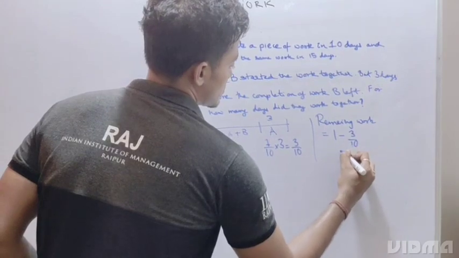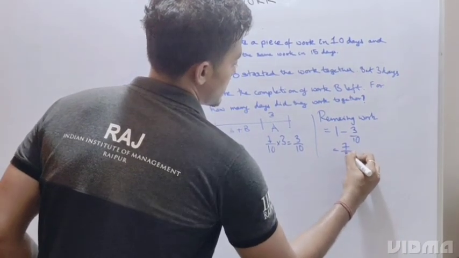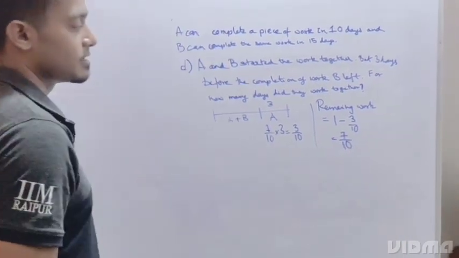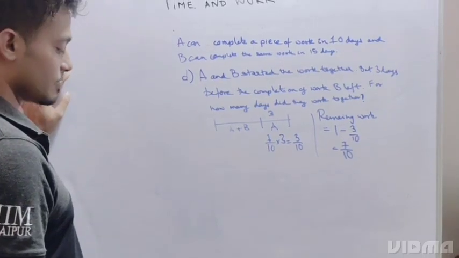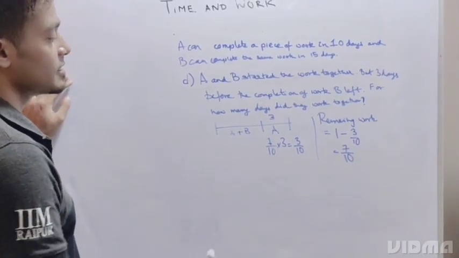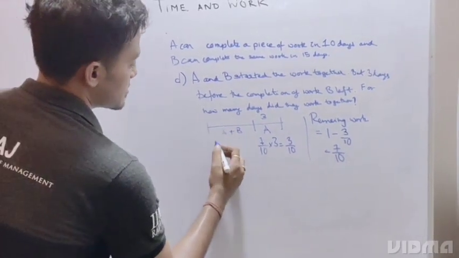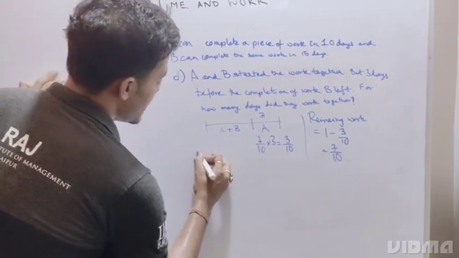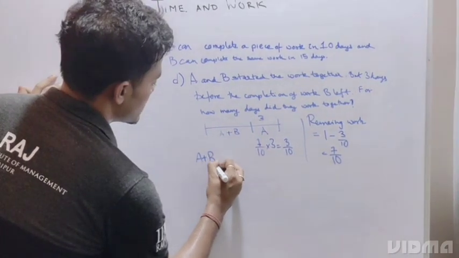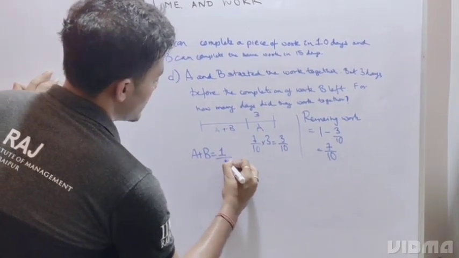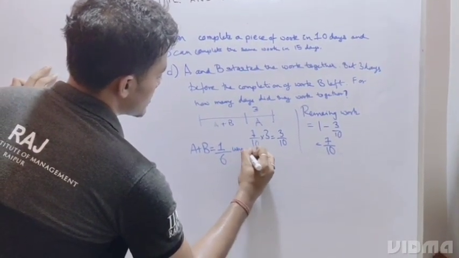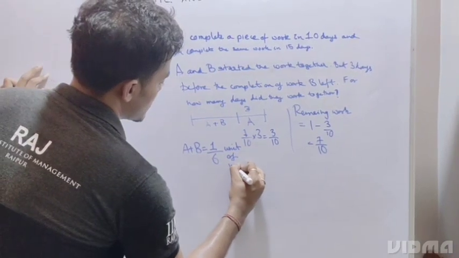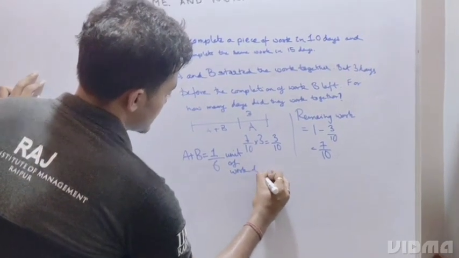So that is equal to 7 by 10. 7 by 10 part of the work has been done in this part. So how much time did it take? A plus B together does 1 by 6 unit of work daily.